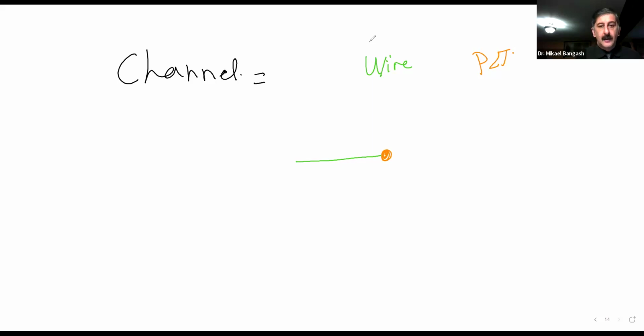Just to make it clear, guys, this wire is going to be an electrical wire to an electrical source. Did you guys get that? So this combination of these three components here makes up what you call a channel.